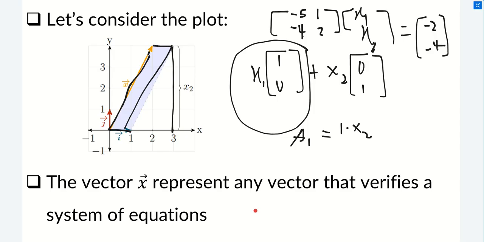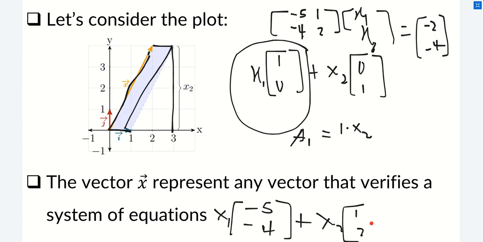Now, if you multiply this, we will get something like this. If you are doing the actual transformation, then it's going to be minus 5, minus 4, which will multiply with x1, right? Then plus x2, which is 1, 2, right? So we have something like this.